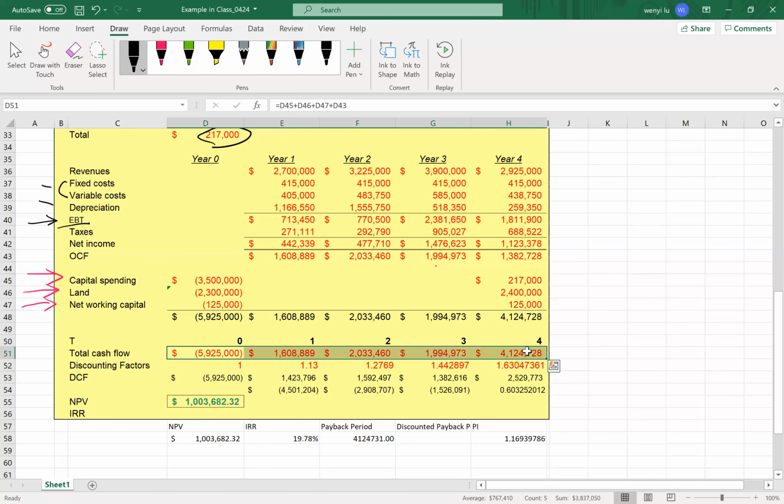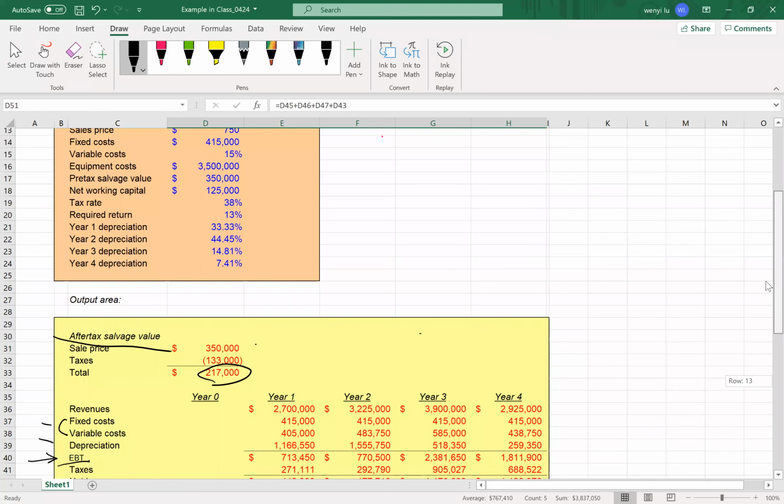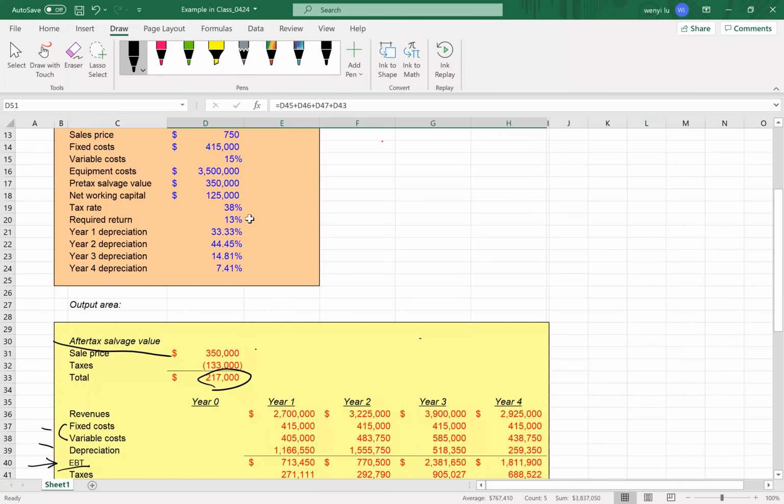So that's the number you have here. And based on these numbers, we can do the capital budgeting analysis and use our cost of capital. Here's the required rate of return, 13%. So this is our discount rate.